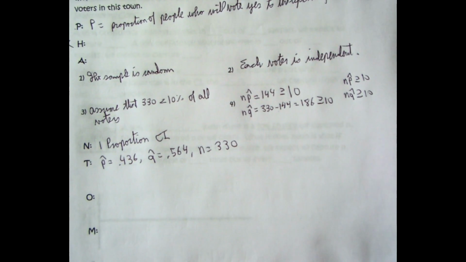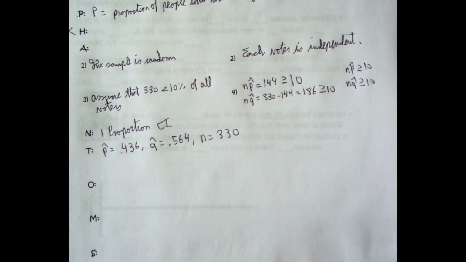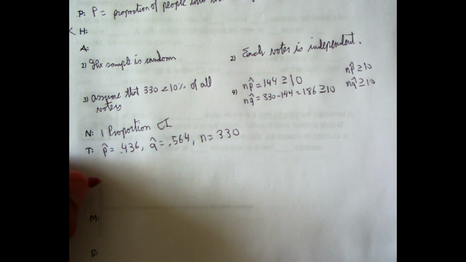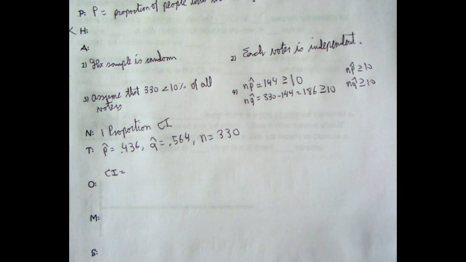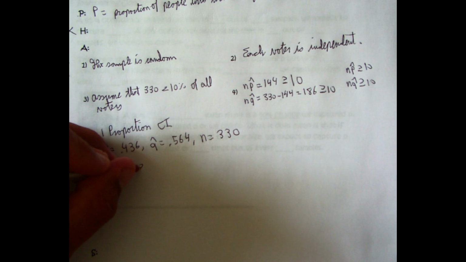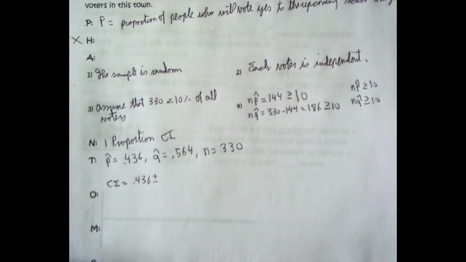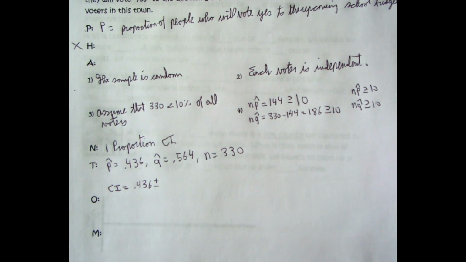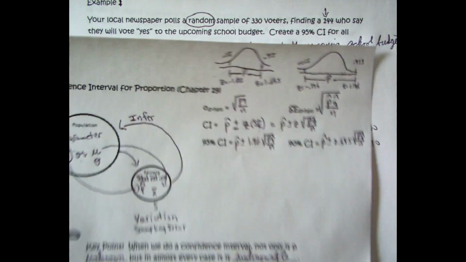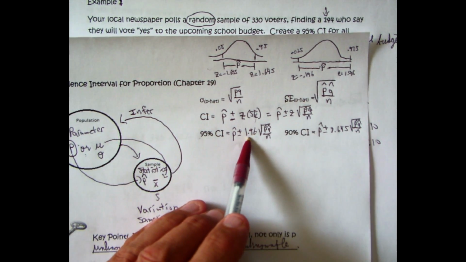Now we got to obtain our interval. So our confidence interval equals our statistic p hat plus or minus, in this case z for a 95% confidence interval. Remember what it was? 95% confidence interval was 1.96.